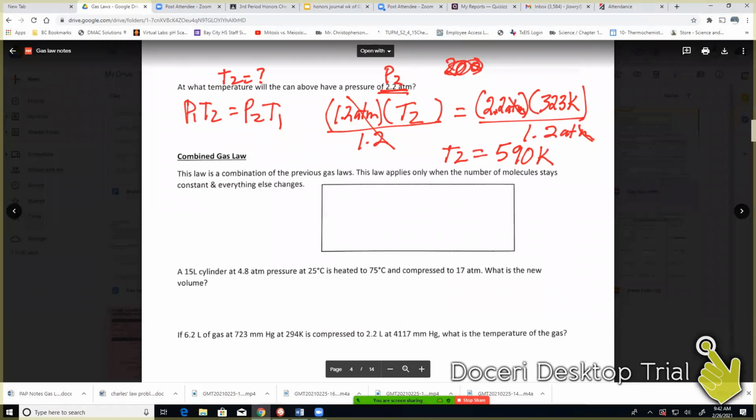The combined law looks at all three variables that we have looked at so far at the same time. So it's a combination of the previous gas laws and the assumption that the number of molecules stays the same. That would be related to the number of moles, which is going to be our little n. We haven't done that one yet. So my formula is P1 V1 T2 is equal to P2 V2 T1.